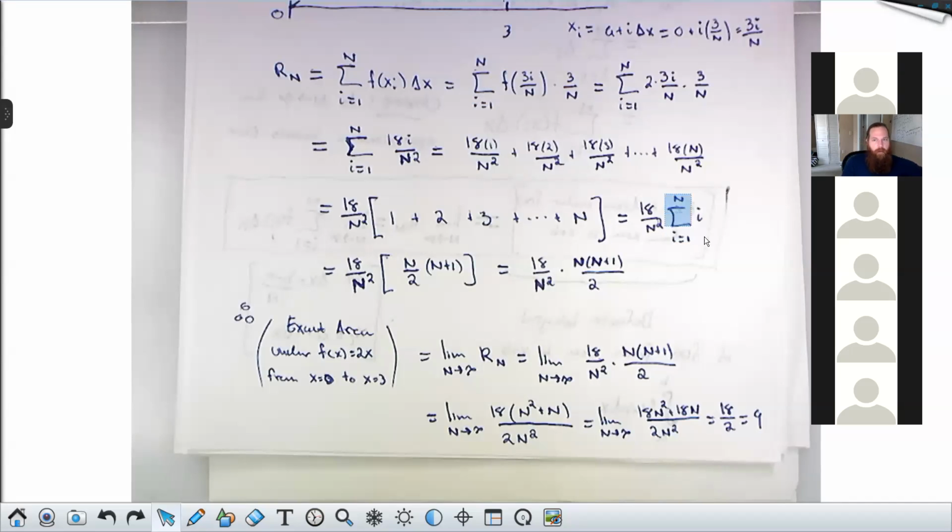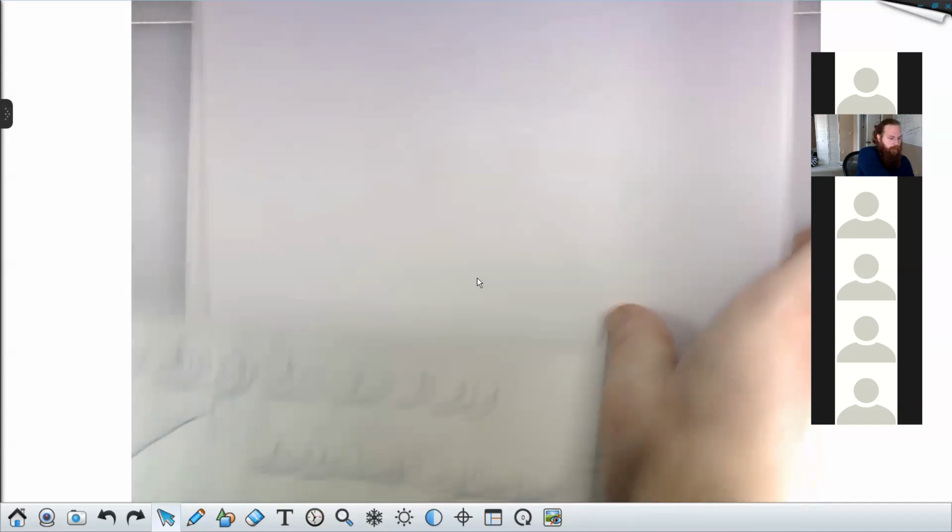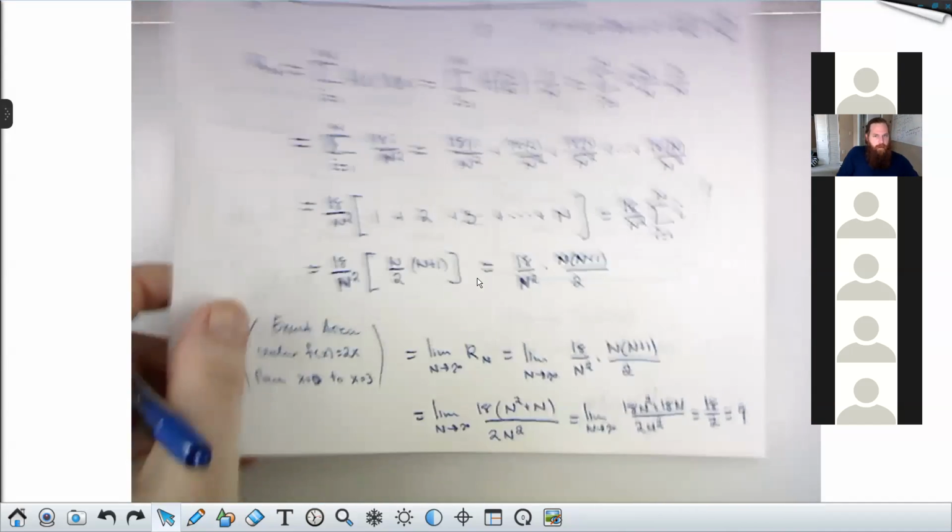Because that's what allows me to get rid of the capital sigma, knowing that this piece is equal to this piece. So I'm going to give you some formulas. Sorry. I'll leave this here for now.